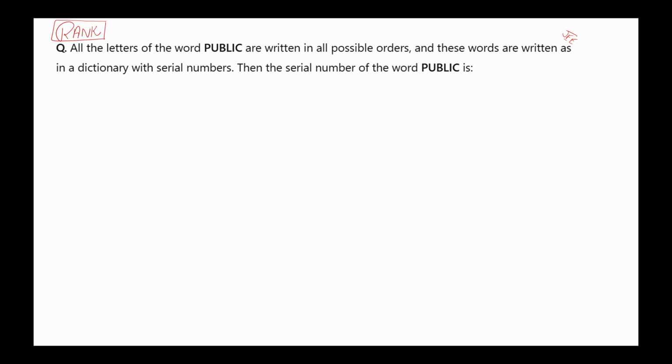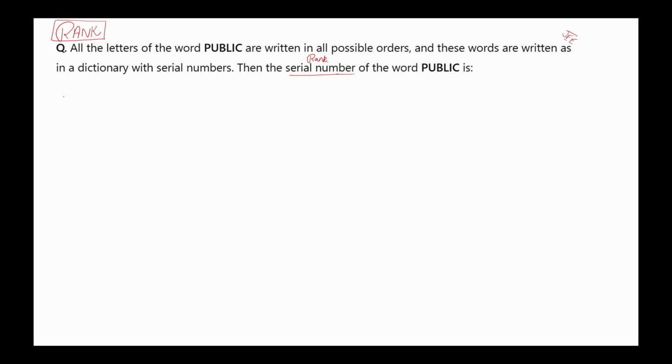Now how do we solve these types of questions? The serial number means that we have to find out the rank of the word PUBLIC in the dictionary. What would be its rank? So what is the way of solving this type of question? First we arrange the letters of the word PUBLIC in dictionary order, like in ascending order.